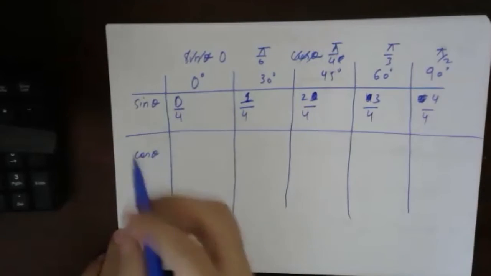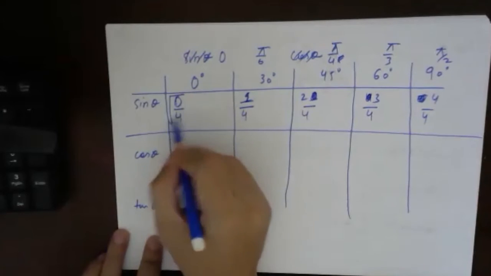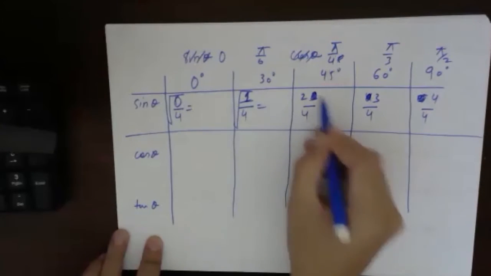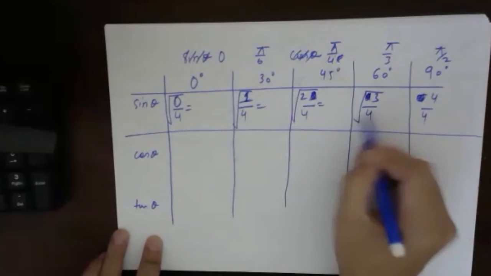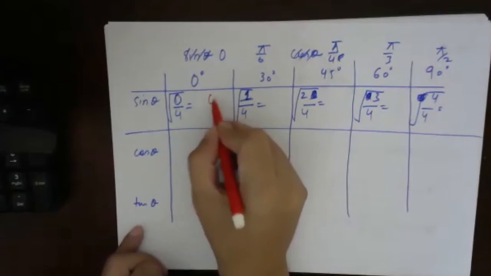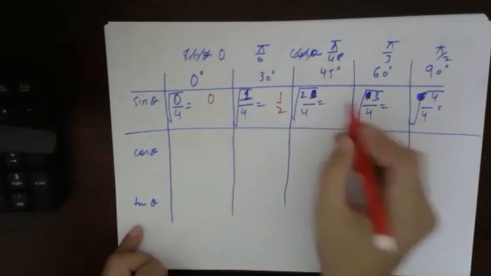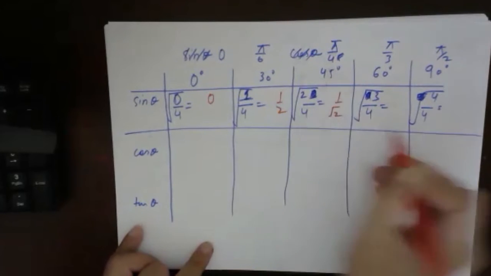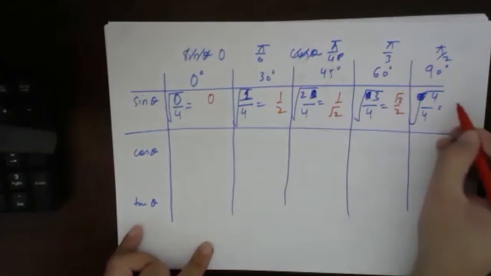And take the root of all. So the root of all these will become 0, 1 by 2, 1 by root 2, root 3 by 2, and 1.